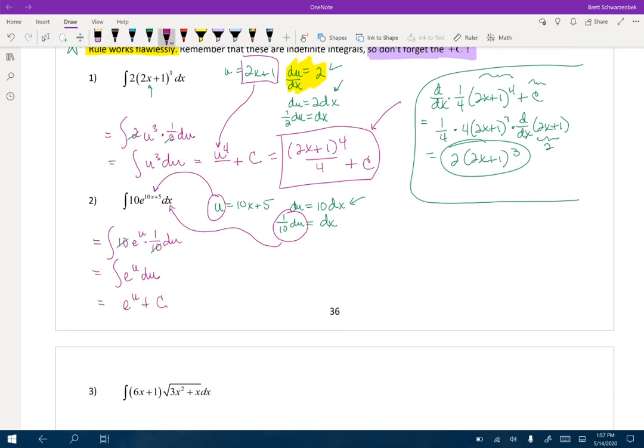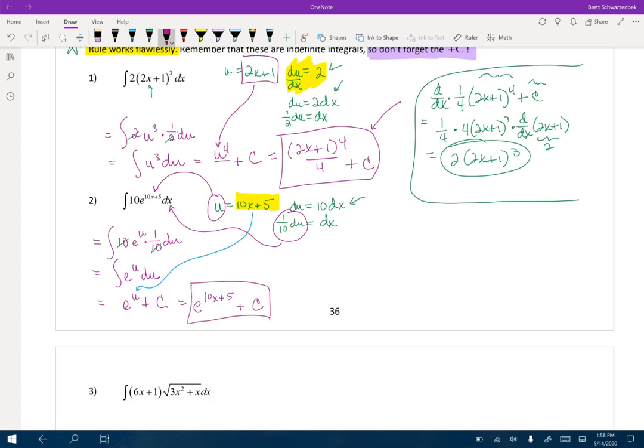Therefore, all that's left to do is to go back to the variable x. We already know that u is equal to 10x plus 5, so we put that right back. We get e to the 10x plus 5 plus c, and that is our antiderivative.